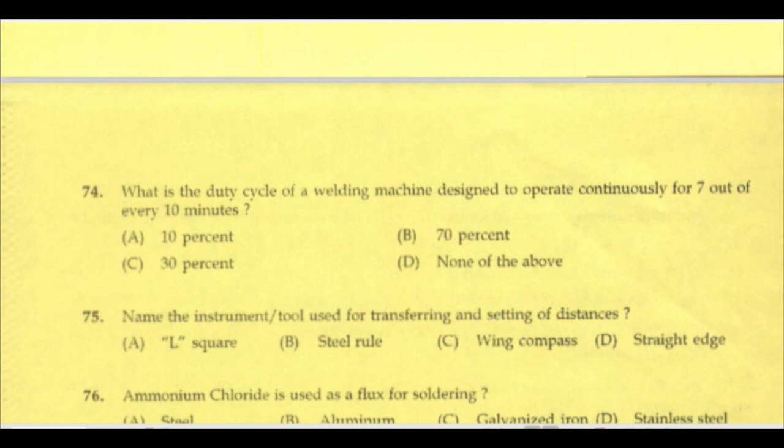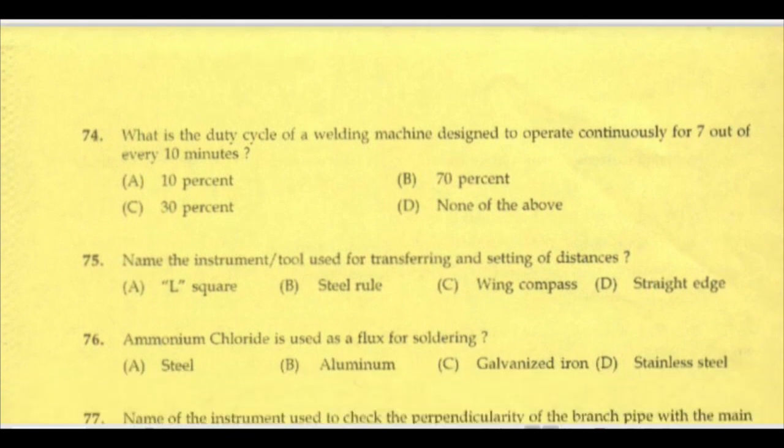What is the duty cycle of a welding machine designed to operate continuously for 7 out of every 10 minutes? Answer is 70%.